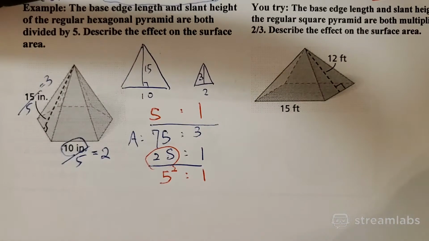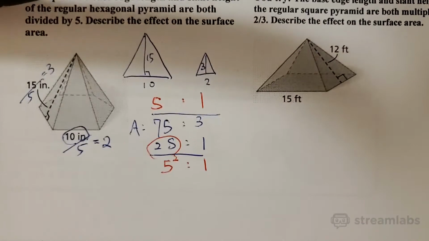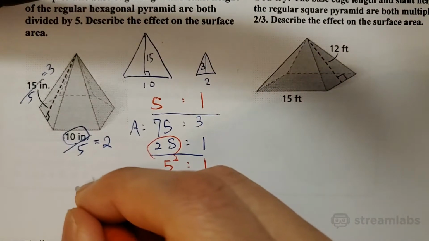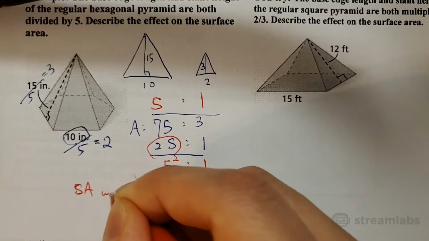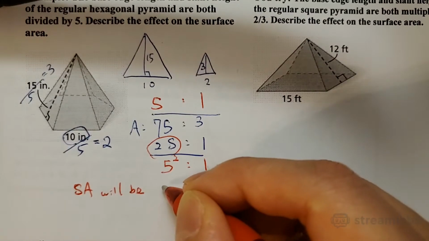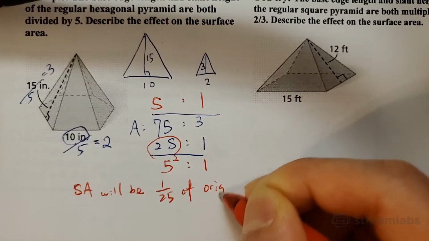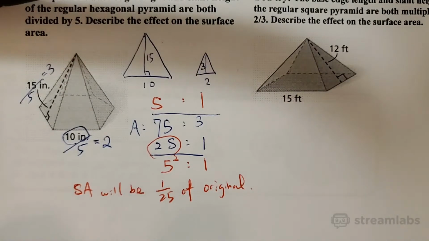If it's volume, then it will be scale factor cubed. Okay? So that's why it's 25 to 1. Okay, so you can say surface area will be 1 over 25 of original. Okay, this will be smaller, right?